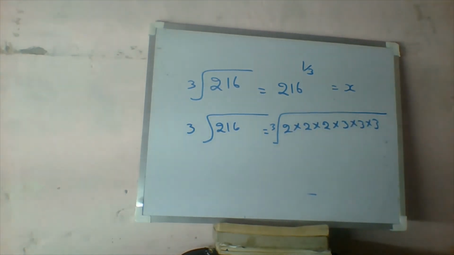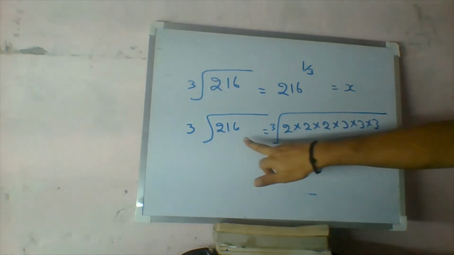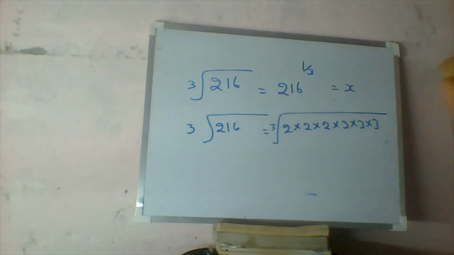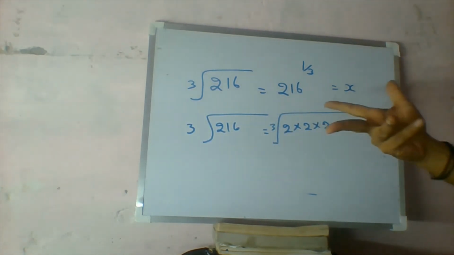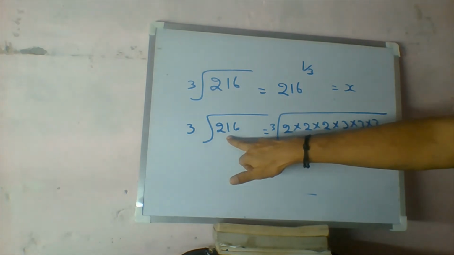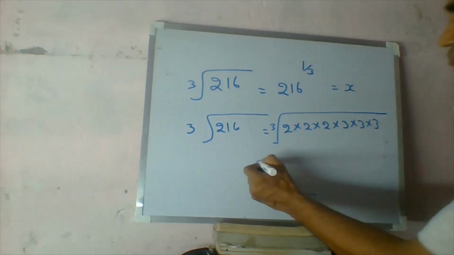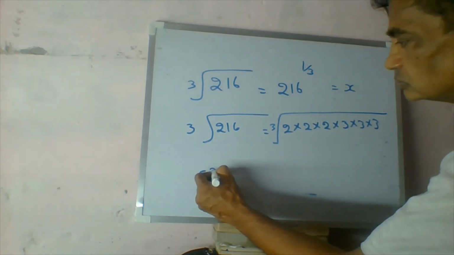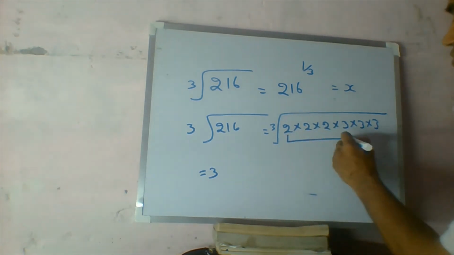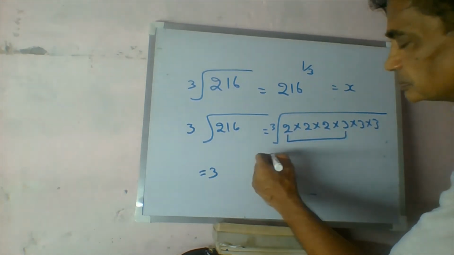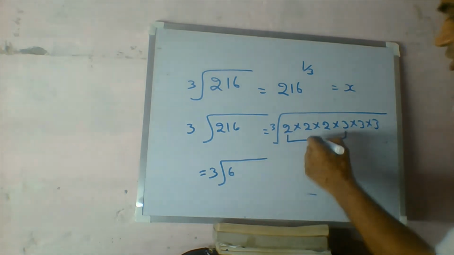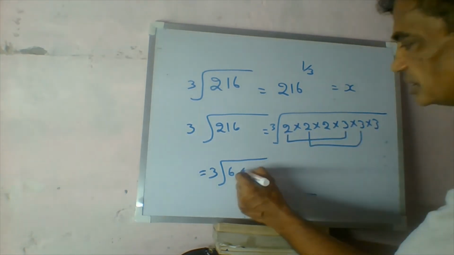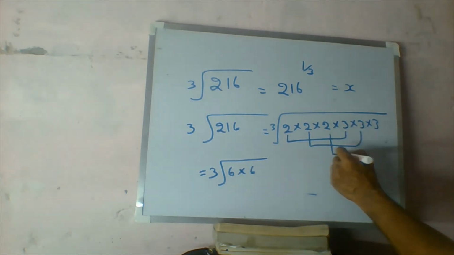Now we have how many numbers? We want a number that if multiplied by itself 3 times will be 216. No problem. 2 3s are 6, 2 3s are 6.